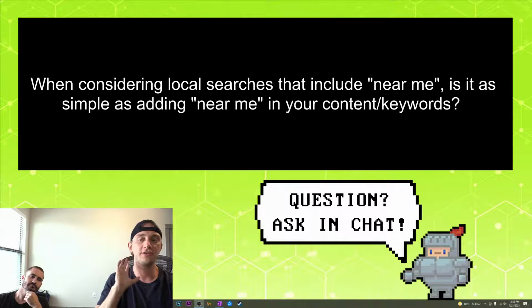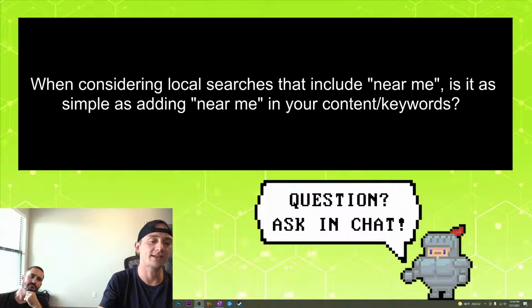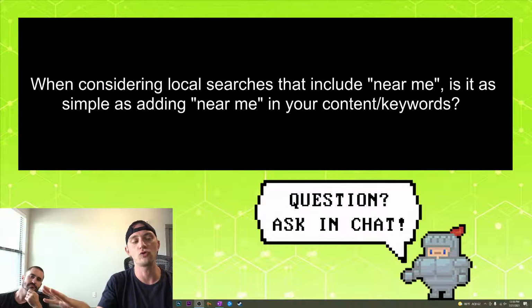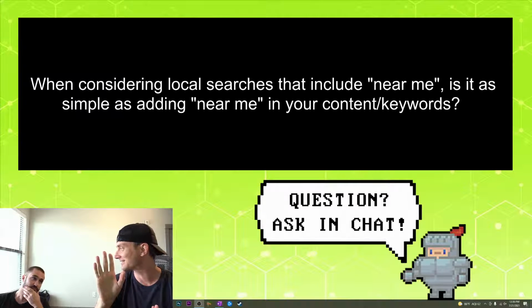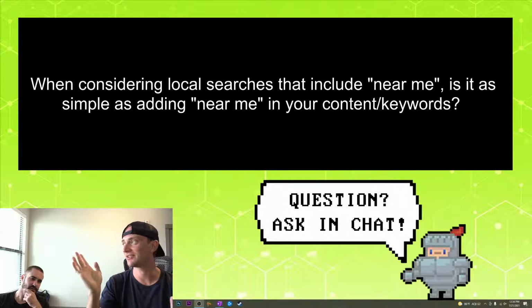So if you're doing all the stuff you should be doing to optimize your local website for local SEO, like you're doing your citations right, got the address on the site, on the ranking pages, you've got your GMB. What's all the other big local stuff? Citations, GMB, address. Citations and addresses all match and they're uniform.